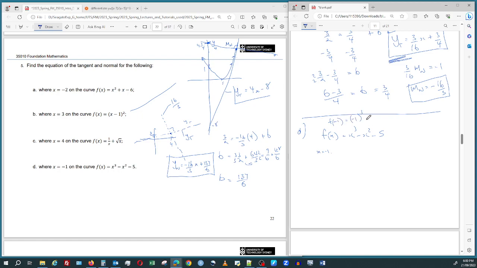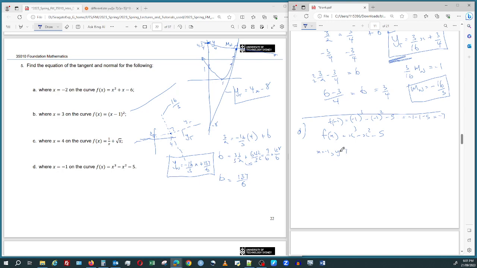It's an odd, so the minus stays. -1 squared, it's an even, so the minus disappears for that, but there's already a minus outside, so don't get confused by that. So -1 cubed is -1. -1 squared is +1, but there's a -1, and then -5, so it's -5, -6, -7. So the y value pair is -1, -7.